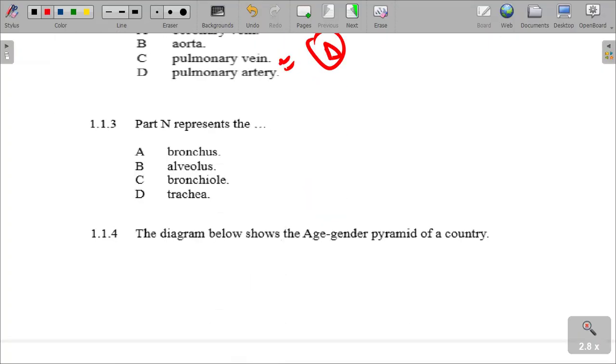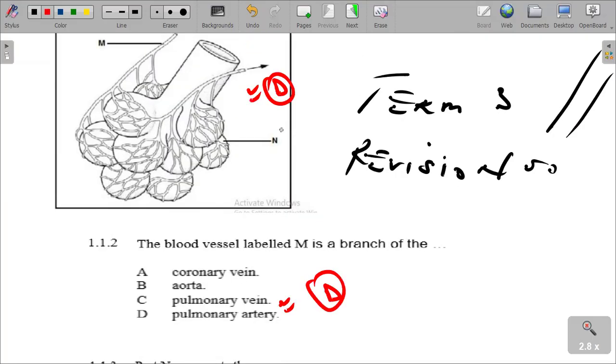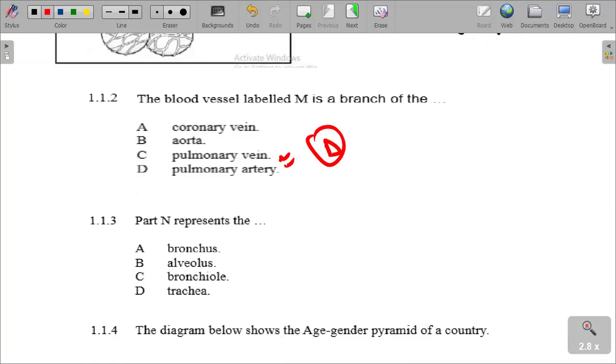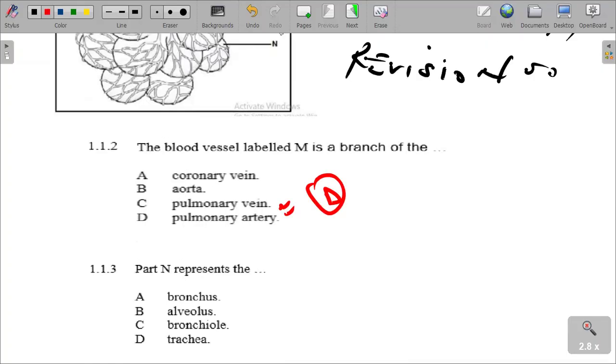And then part N represents what? What does N represent? If you look at it, you can see that it shows the alveolus.